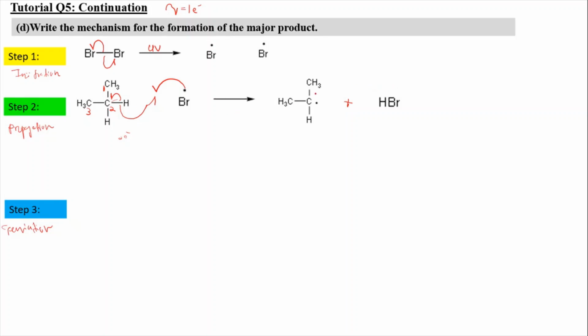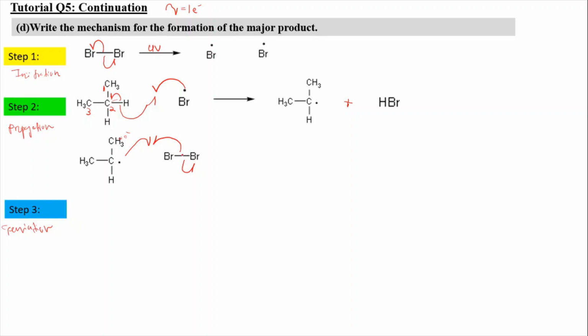Now, this molecule is a free radical. This free radical can react with the bromine, which is plentiful in the reaction. The free radical of carbon can react with another neutral molecule of bromine, and this will initiate another formation of a bromine free radical.